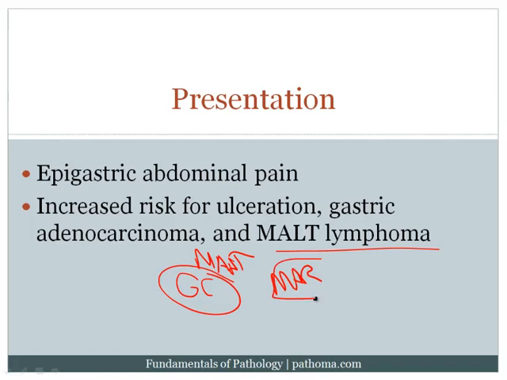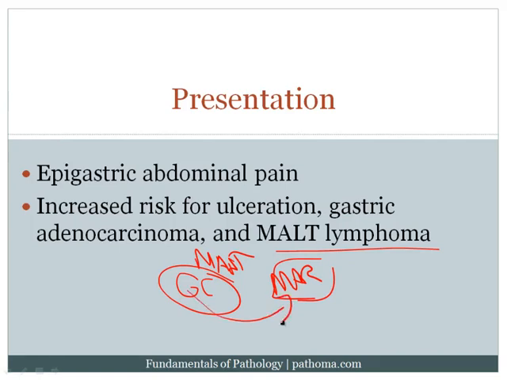Now, the marginal zone only forms when there is some sort of chronic inflammatory state which necessitates the need for a post-germinal center B cell. So in this particular case, you've got this chronic inflammation, which then results in production of these post-germinal center B cells, which then again results in the production of a marginal zone.